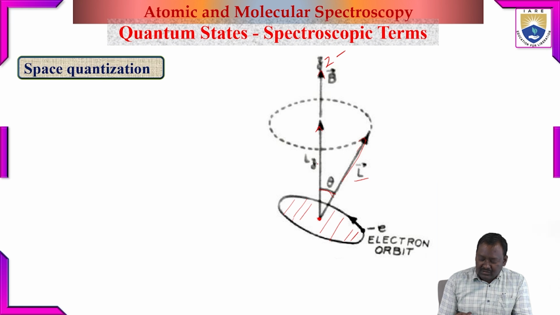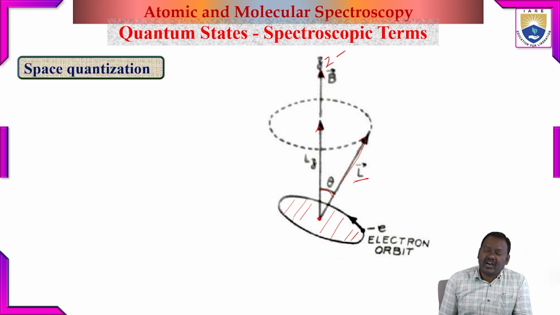The angle theta can also be said to be the angle between Lz and L bar. Okay, so Lz here is a scalar, whereas the orbital angular momentum L bar is a vector.